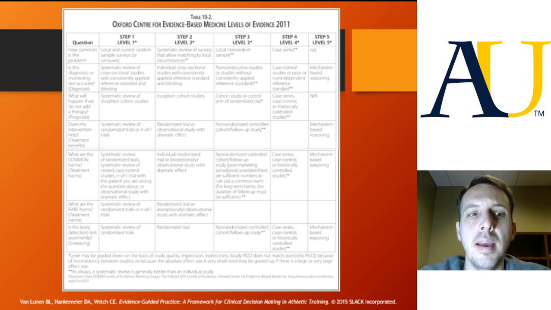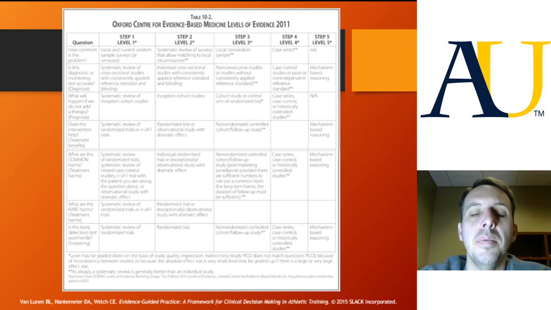So if we're looking now at etiology data, or the first part here as far as how common is the problem, you can see that in fact the level 1 is going to be local and current random sample surveys, like census type data components with that, going down to step 4 as case series.